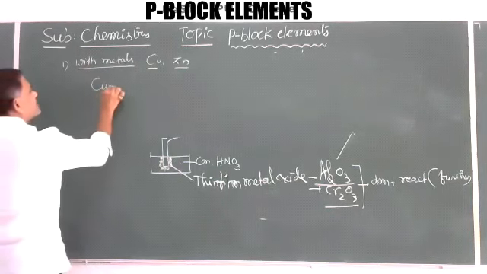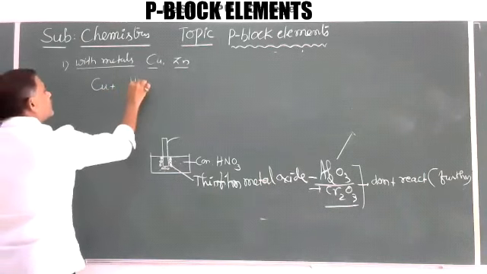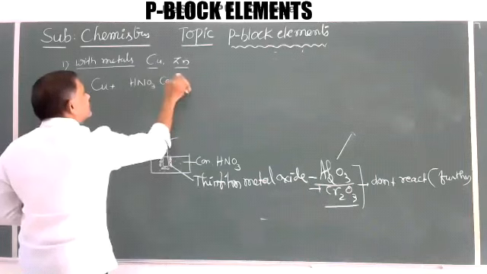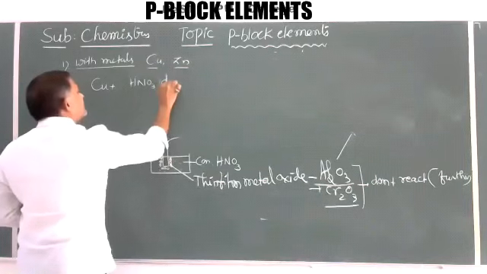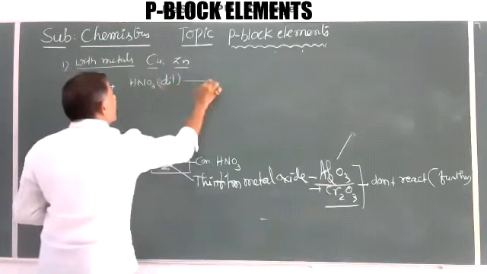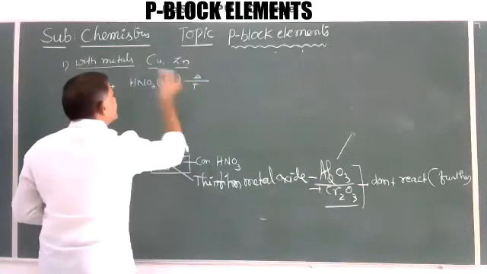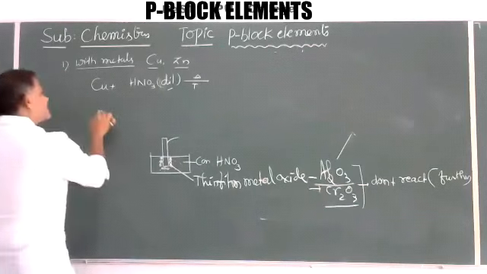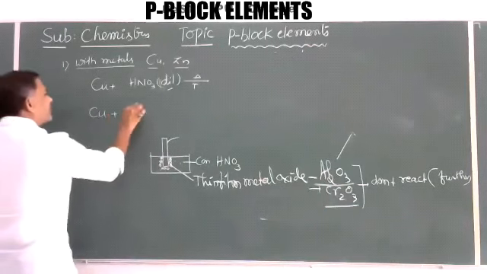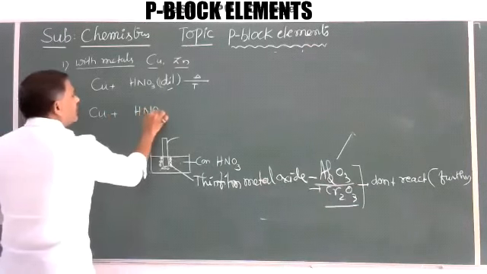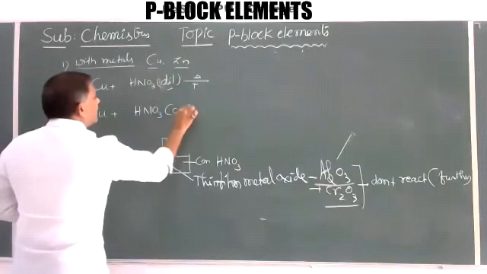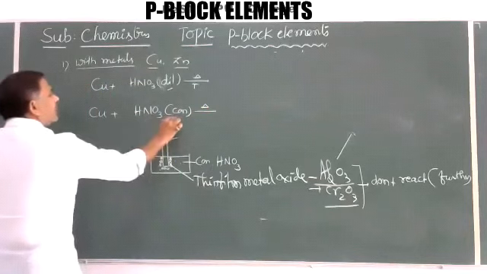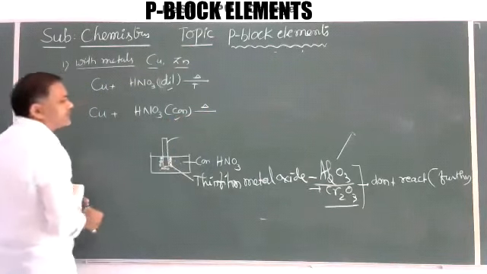Here copper is reacted with HNO3. First take dilute HNO3 on heating at a certain temperature. Here the concentration is different. Likewise copper is reacted with concentrated HNO3 on heating, and it gives different products.